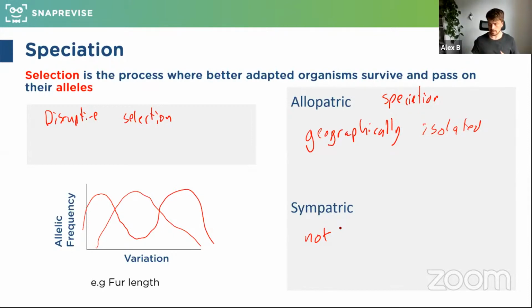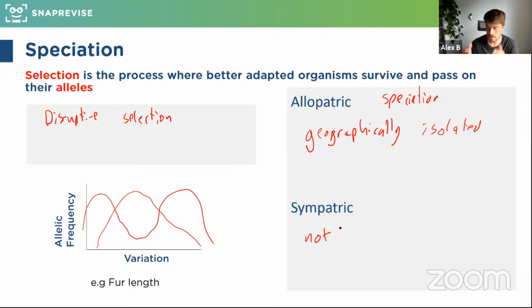So you can get speciation occurring when things are in different areas, like for example on different islands, or you can still get speciation occurring when things are in the same area. There'll be certain things going on.